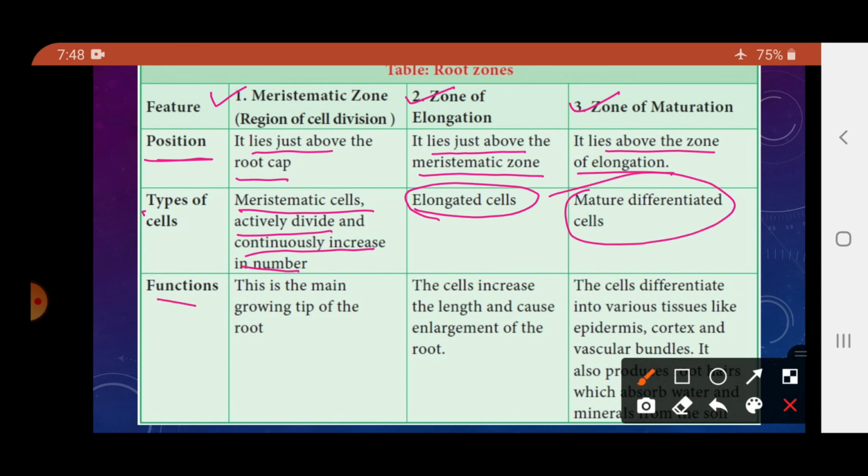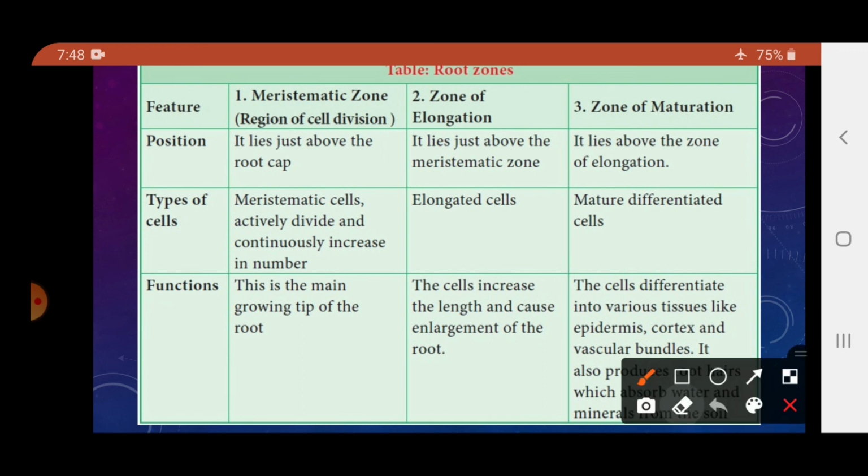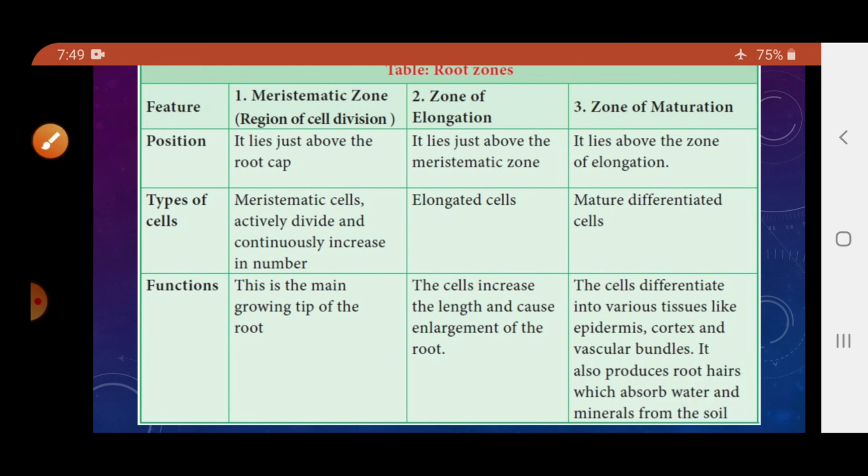And what are the functions of these zones? Basically, the meristematic zone is the growing tip of the root. The elongation zone increases the length and causes enlargement of the root. And in the maturation zone, the cells get differentiated into tissues, like they form the epidermis, cortex and vascular bundle. We will see what these are later, but the cells here attain a particular shape, form and finally perform the functions. Second, they form the root hairs which absorb minerals and water from the soil.